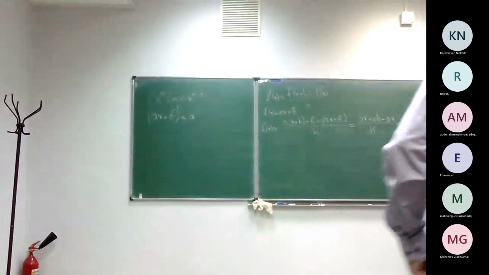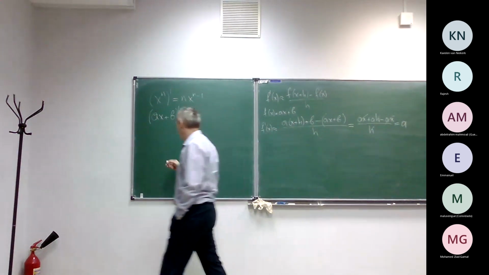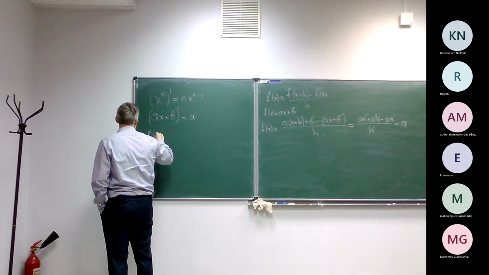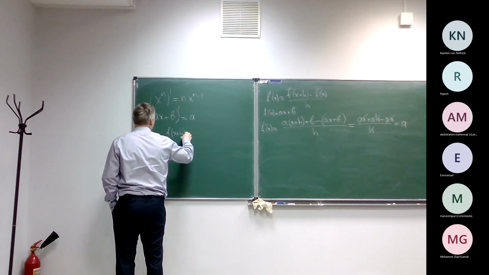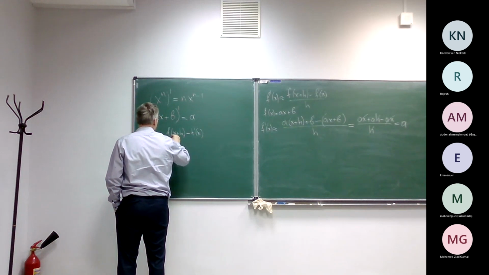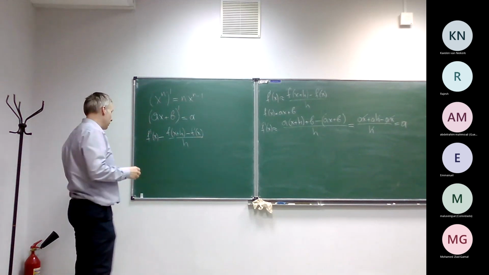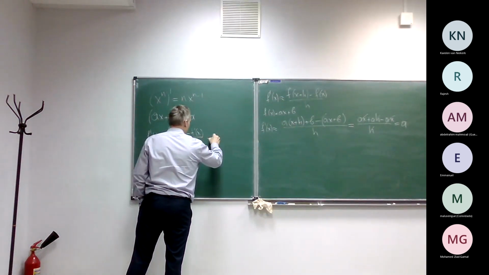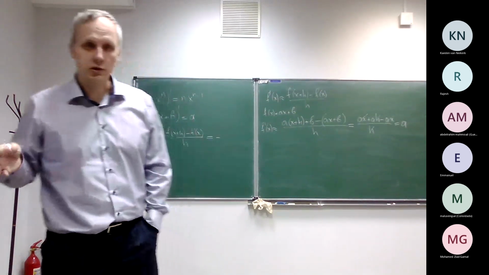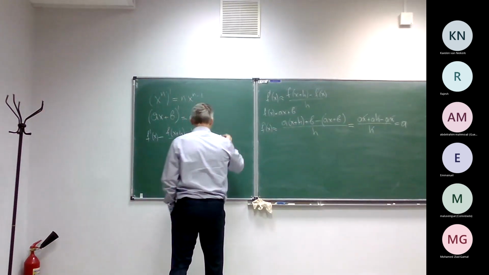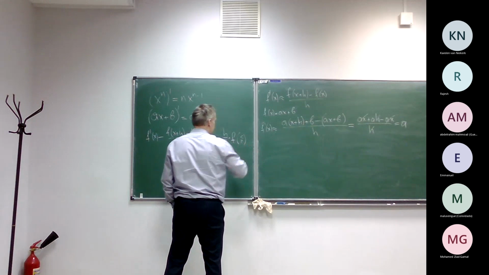I can rewrite equation number 3 in the following form: f prime of x minus f of x plus h minus f of x over h equals minus h over 2 times f second derivative of c.